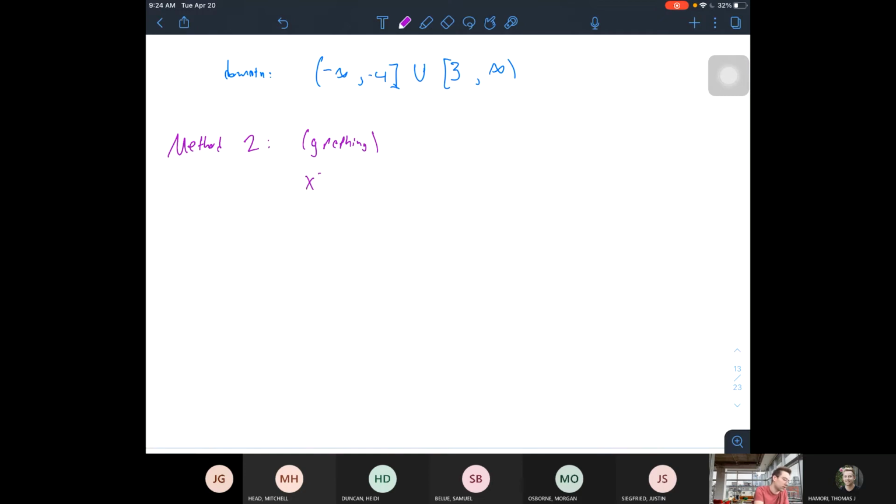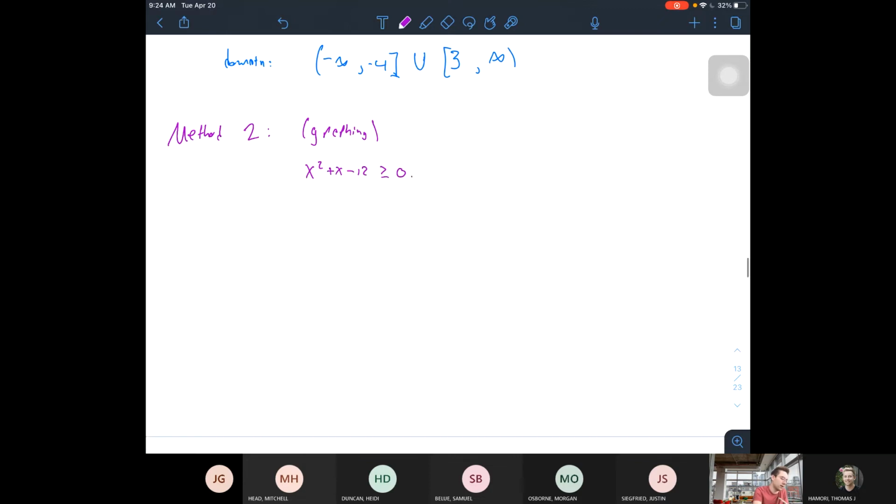I want to solve x squared plus x minus 12 is greater than or equal to 0. I know this is a quadratic expression. The graph is a parabola.